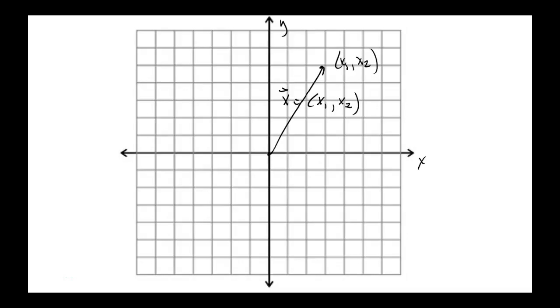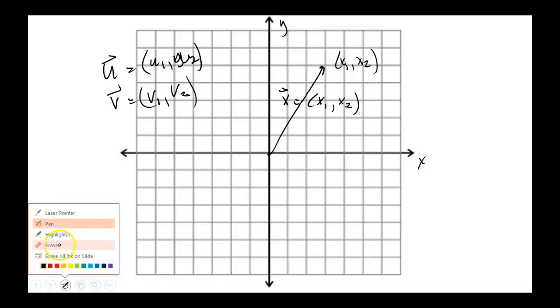Okay. Now, if you have two vectors, u and v, and we'll stay in 2 dimensions, using parentheses now, u is (u1, u2) and v is (v1, v2). For these two vectors to be equal, their components must be equal in exactly the same order.